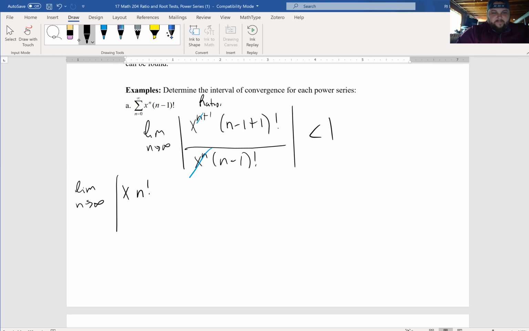This is going to be n factorial, and n minus 1 factorial currently. So I would turn this into n times n minus 1 factorial to cancel that one.